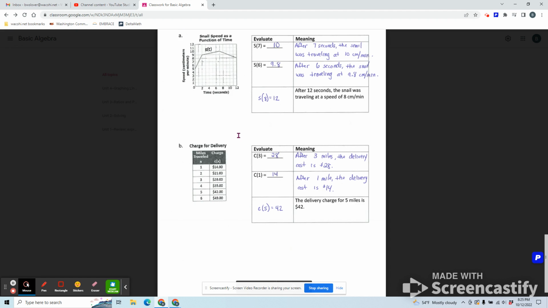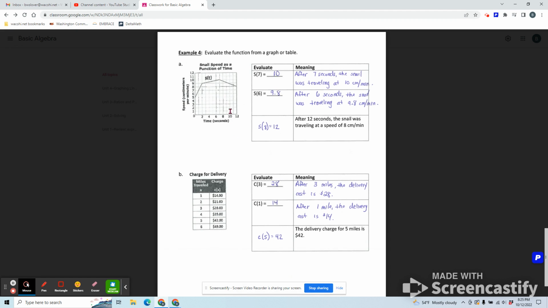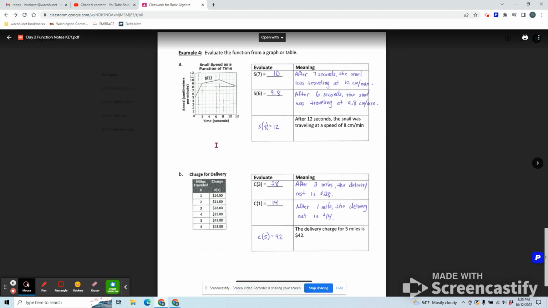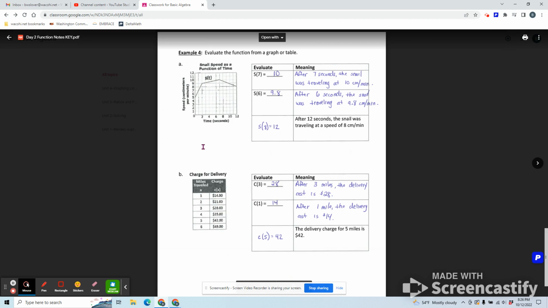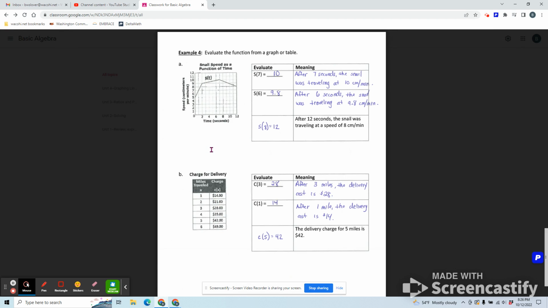And then lastly, this last part is you looking at a graph and interpreting what it means. It says evaluate the function from a table or from a graph. This is more like what you're going to see outside of the math classroom. You're going to see a chart with some different information, or a graph, and you're expected to understand what that graph means at certain locations.